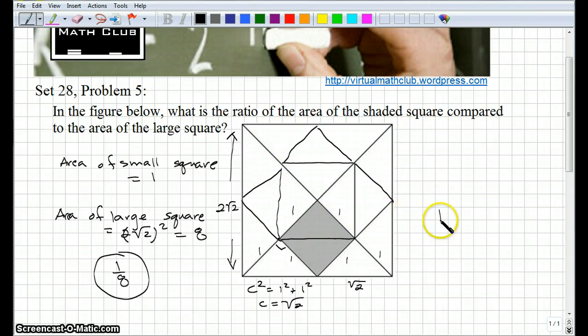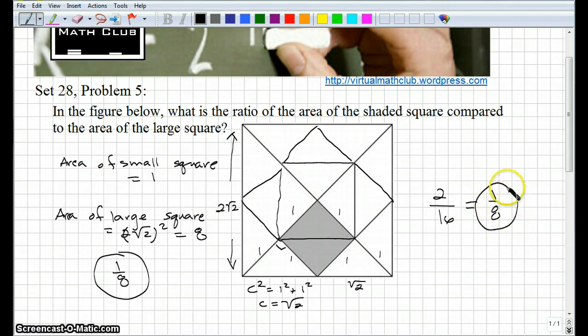So we have 16 small triangles that we could break this thing up into, and they would all be the same size and shape. And you can see that the small square is made up of 2 of them. So 2 out of 16 is the ratio of the small square to the large square, and that just reduces down to 1/8.